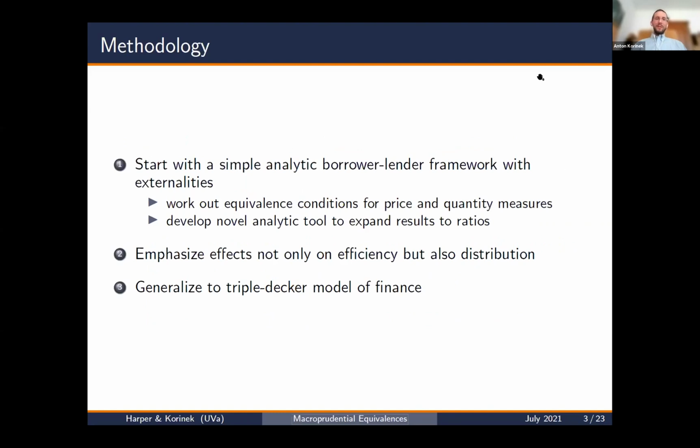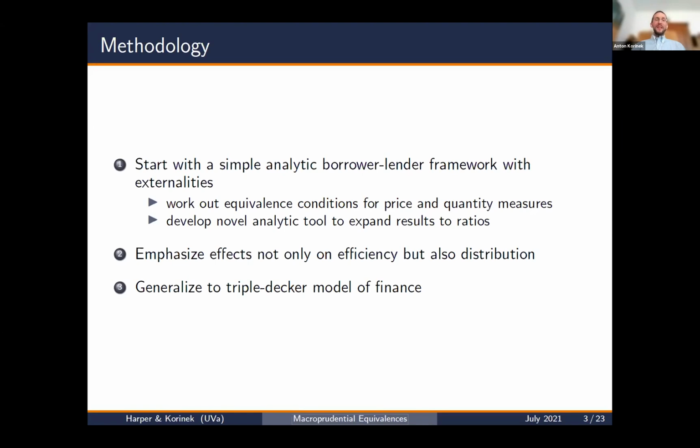So what we are going to do in terms of methodology, we will first start out with a very simple analytic borrower-lender framework where there are externalities that motivate macroprudential regulation. We will work out equivalence conditions, first just for traditional price and quantity measures, in the spirit of Weitzman, but then we will also develop a novel analytic tool to expand those results to ratios, because we know that in practice, a great deal of financial regulation takes the form of ratios.